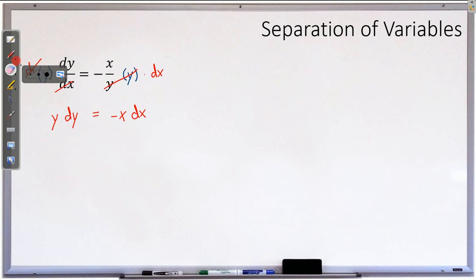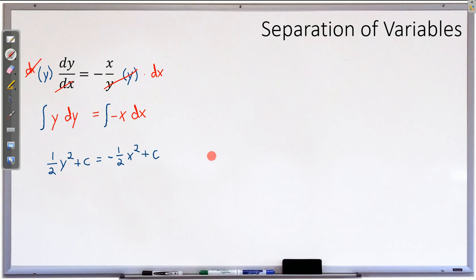And now we're going to do the opposite of a derivative, which is the antiderivative. And you can see how those dy's and dx's set this up perfectly. So the integral of y dy is 1/2 y squared, plus c, is equal to negative 1/2 x squared, plus c.